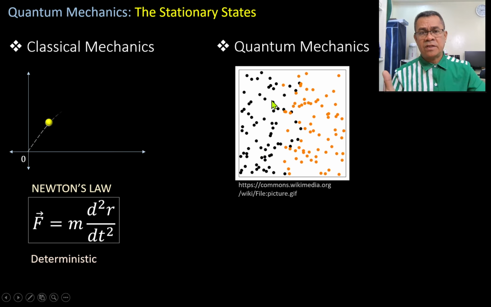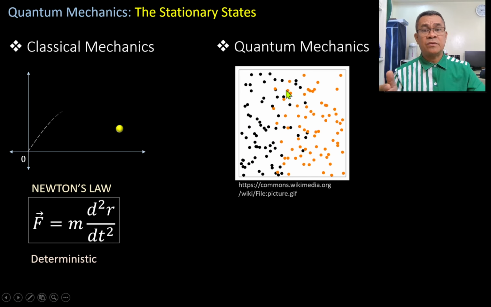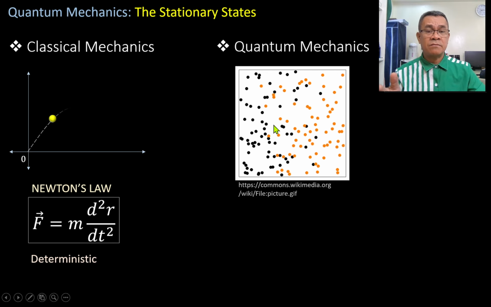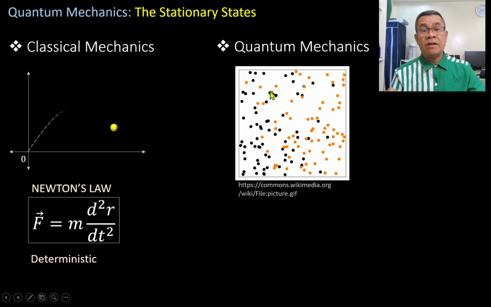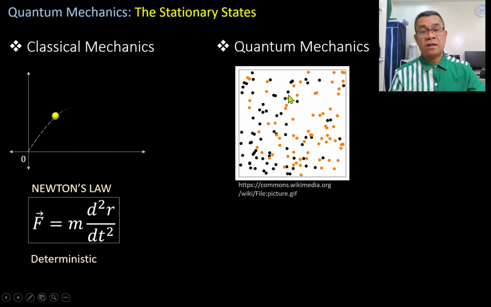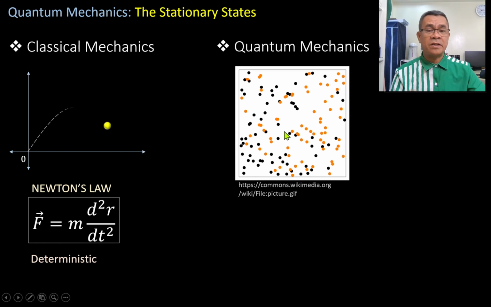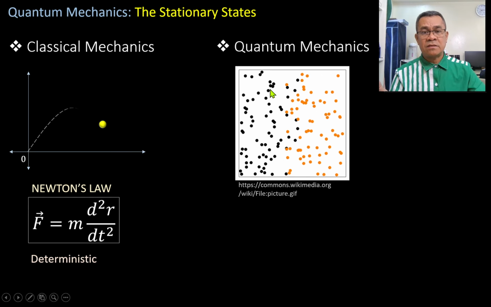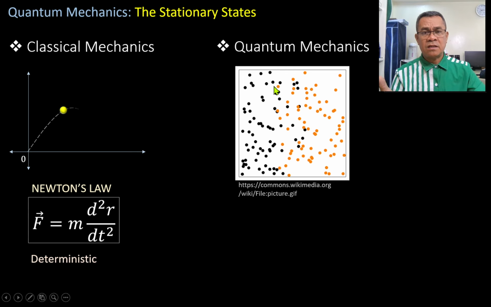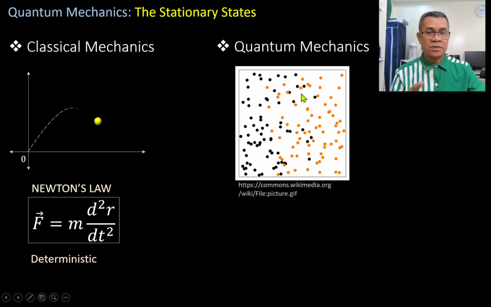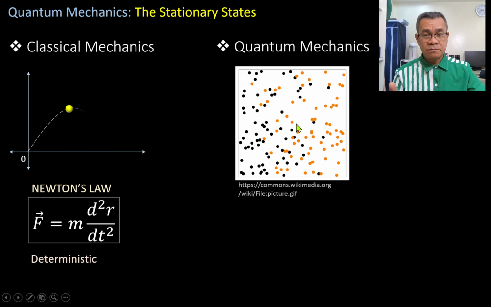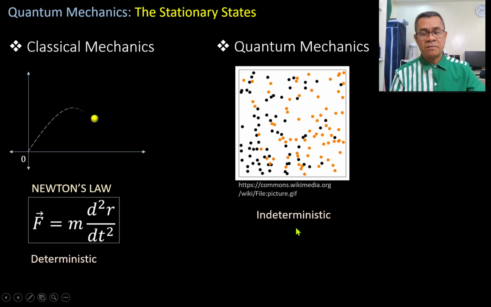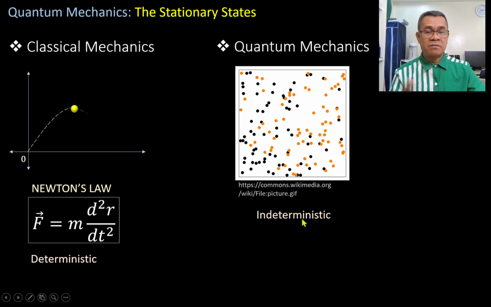So if it is very, very small, then we don't know what kind of particle that is. We cannot label each particle and identify that it is particle A or particle B. So therefore, we cannot locate the initial and also the final position of each particle. Hence, this system is indeterministic.